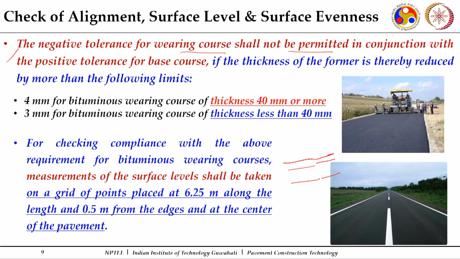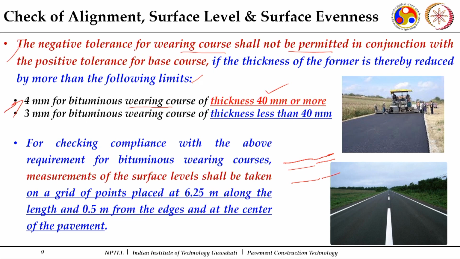What it specifies is the thickness of the former, because if the thickness of bituminous concrete gets reduced, it should not reduce by more than the following limits. Specifically, it says it should not get less than 4 mm in any case when it is a bituminous wearing course of thickness more than 40 mm. So, even for 40 mm it can be 50 mm, 55 or 60 mm.